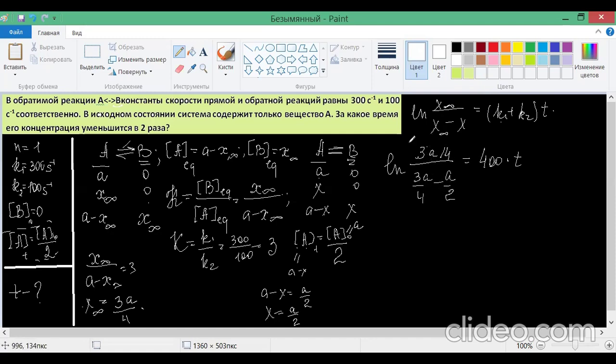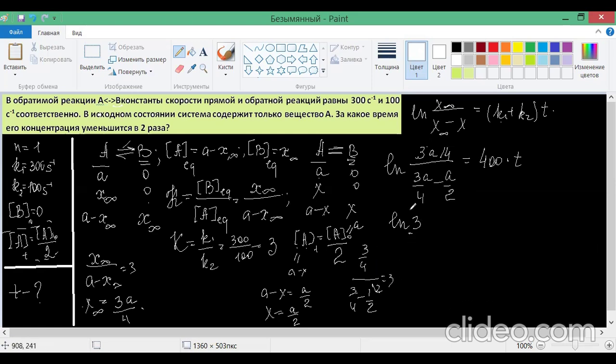So finally, we've got that the natural logarithm of 3. Where to get 3 from? From this expression, for 3/4 divided by 3/4 minus a half is 1/4, and 3/4 divided by 1/4 gives 3.